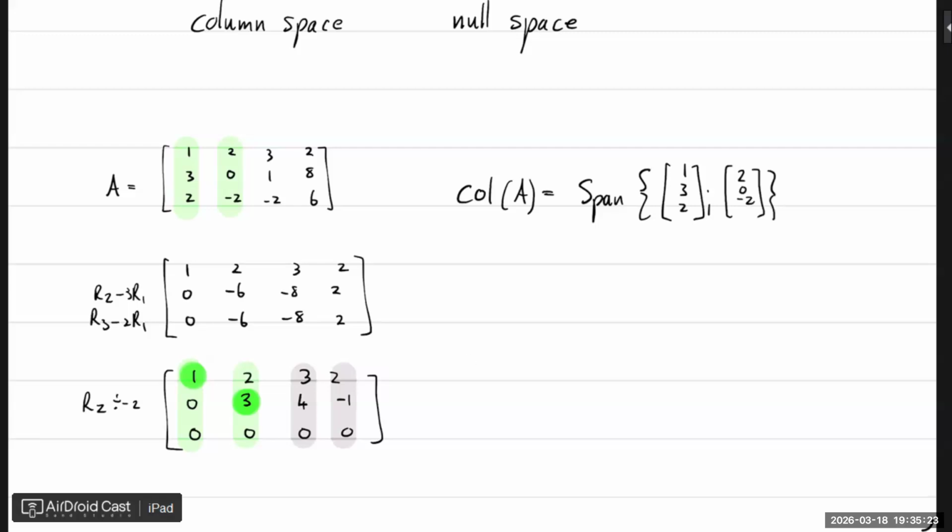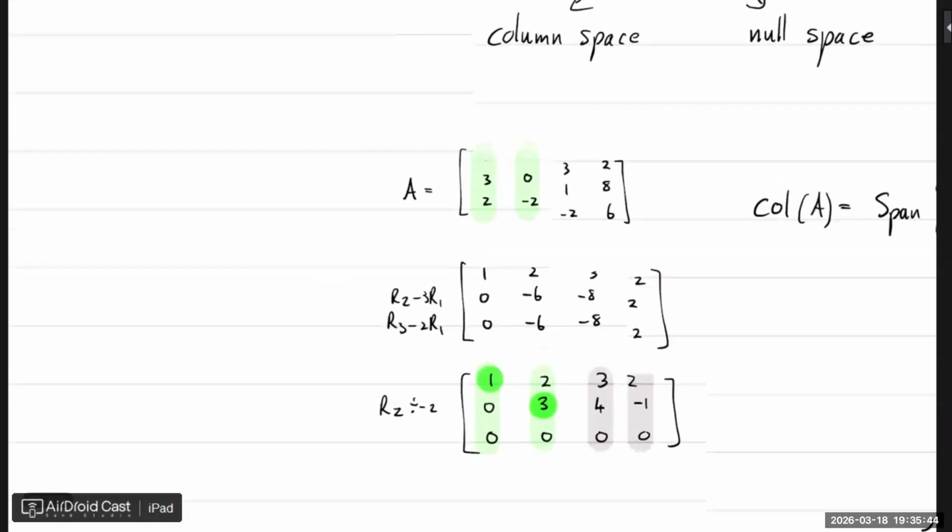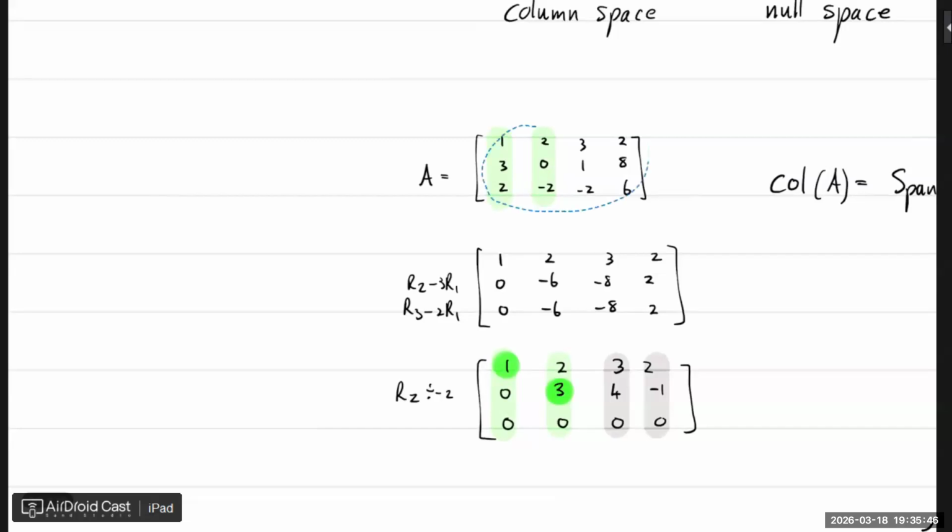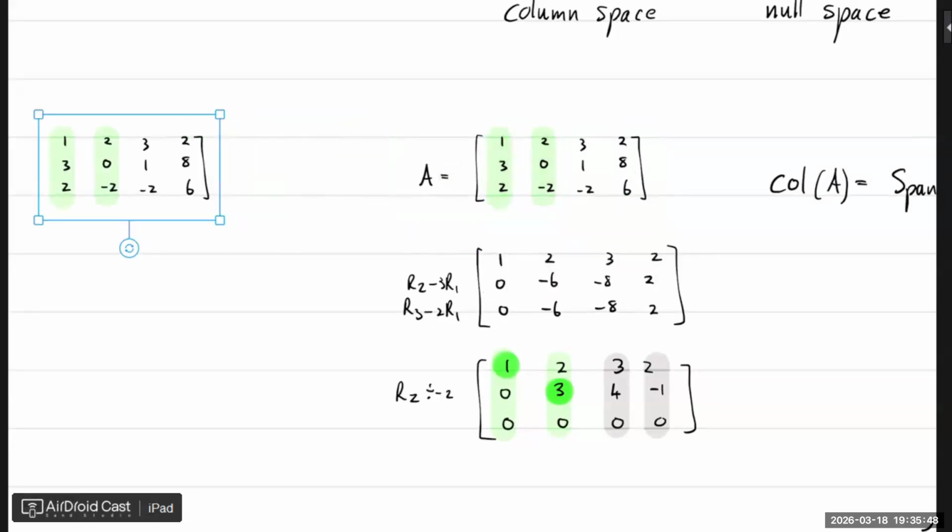Now, what does this actually mean before we get to the null space? What this means is, let's say each column represented a coloring pencil, right? So just want to show you, there's different ways of treating this.